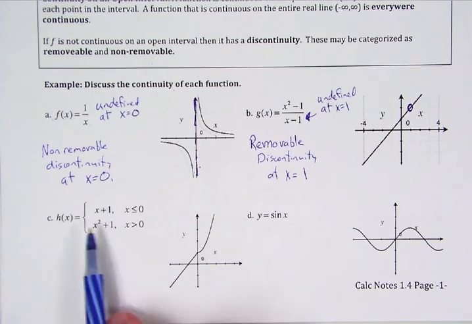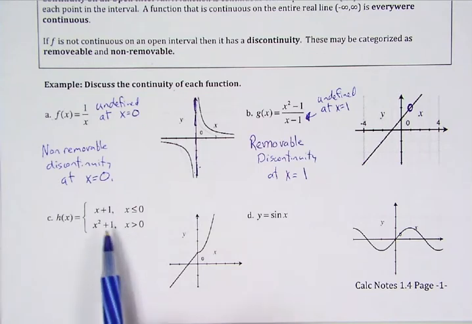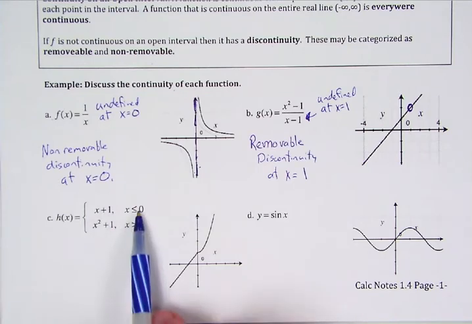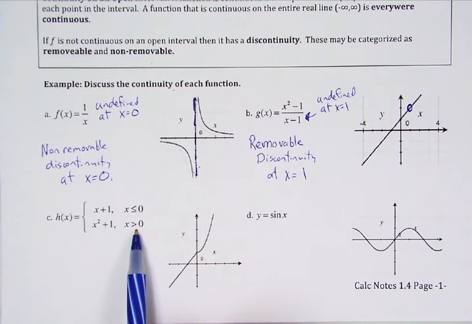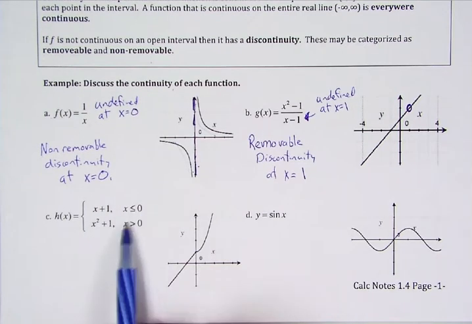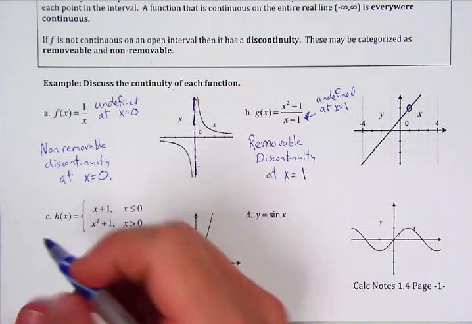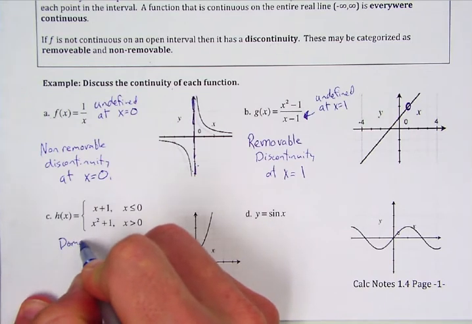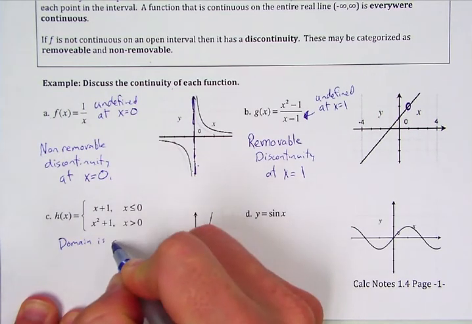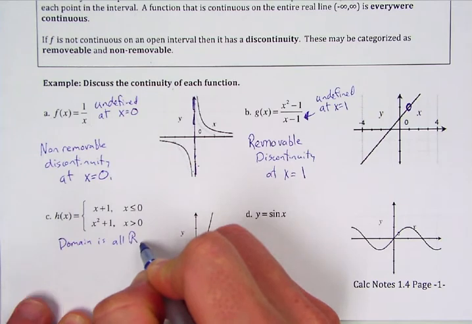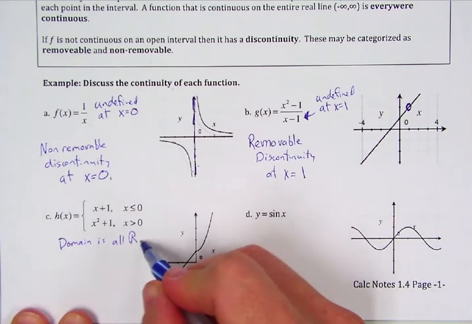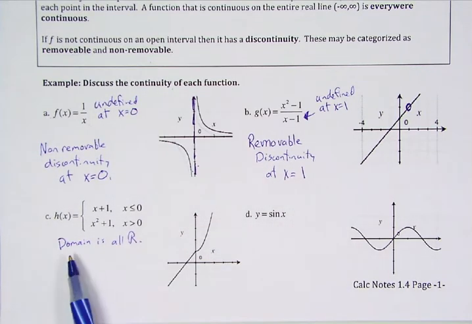All right, for our next example here, we have two functions, and they're defined over the entire number line. So all values of x are going to work here. So we can just write that the domain is all real numbers. Now, what that tells me is that every f of c is going to be defined, because any c I plug in, I'm going to get a value.